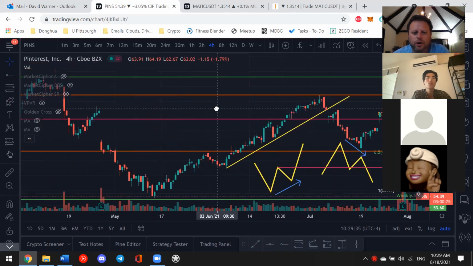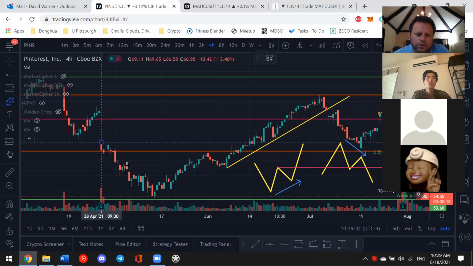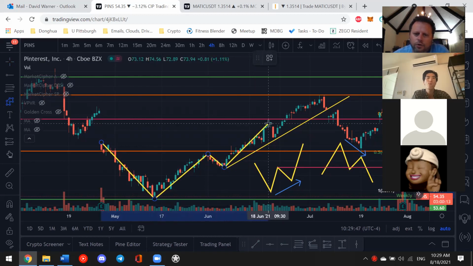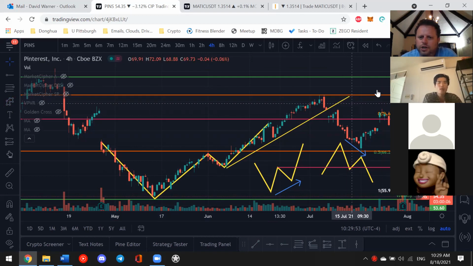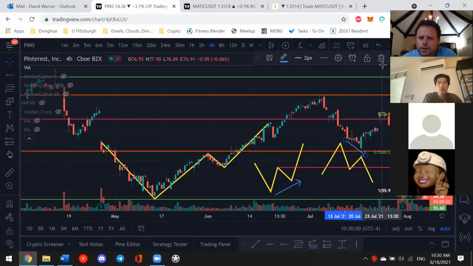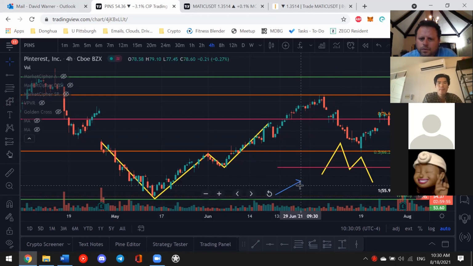So let's find a W or an M on Pinterest. This one's not beautiful, but here is a W. It goes down, it goes up, it goes down, and it goes up. Now, does this confirm? Get rid of these. Where does this price confirm?